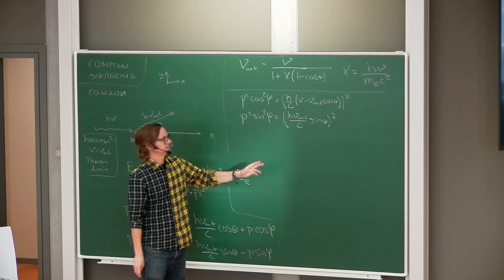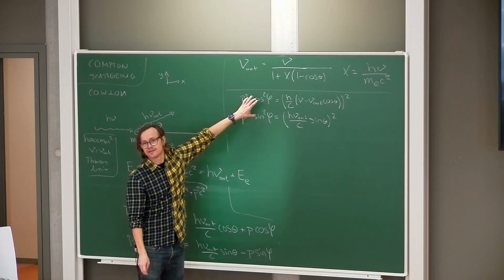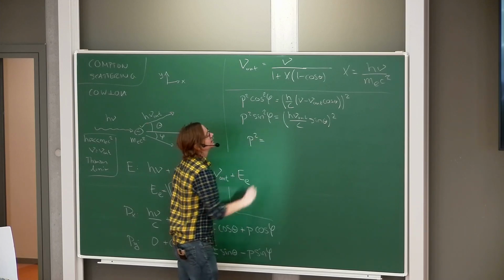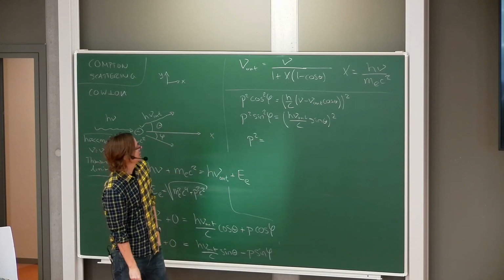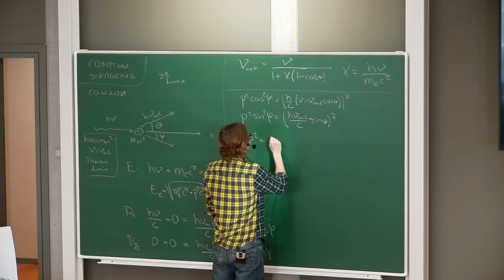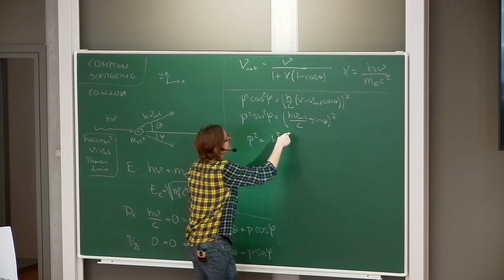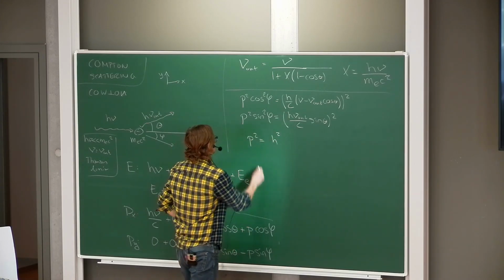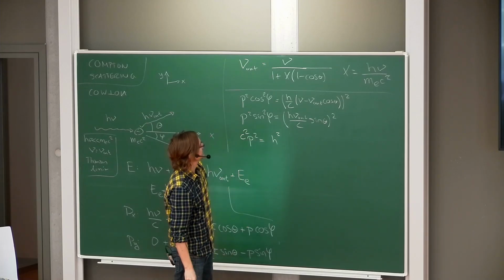Okay, so the point is that we add this, of course, and then we get rid of that. So we have p squared equals... we have added them, right? So it's going to be h nu. And then we see that we have c's everywhere here, right? So we have a c and we have a c. So we're going to put c squared up on that side.